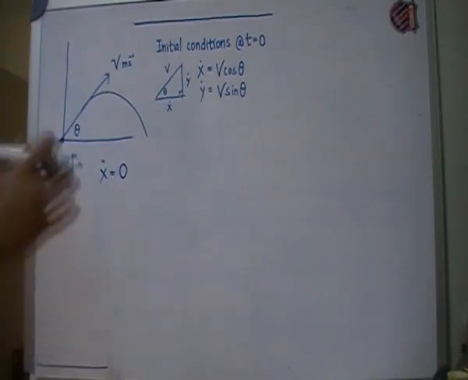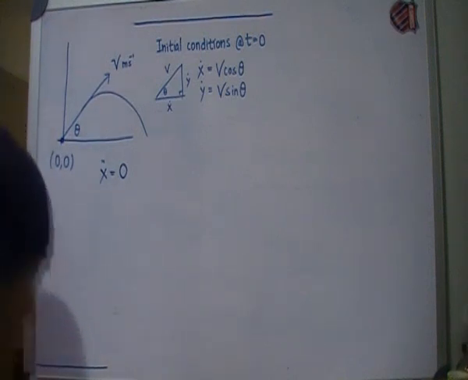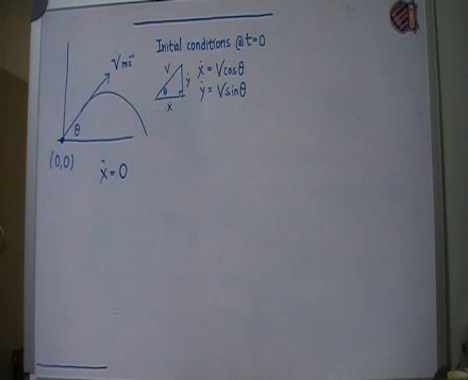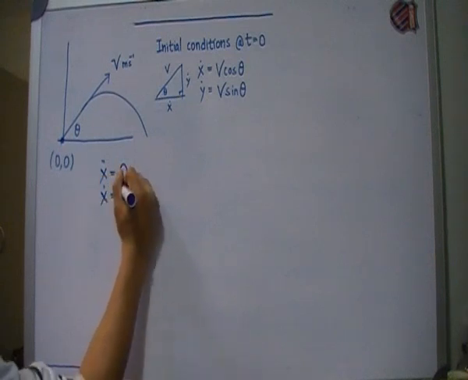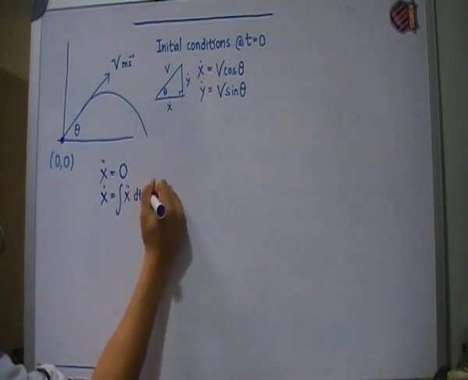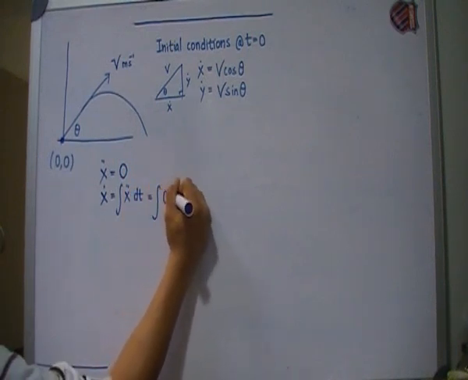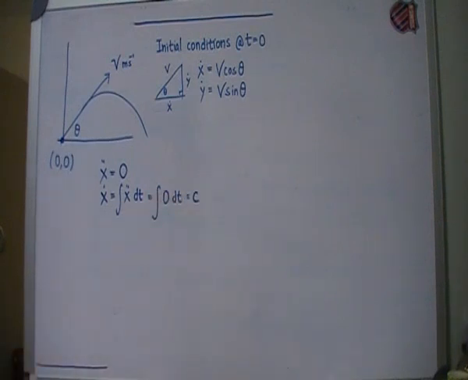From here, using your basic motion knowledge, to get the x velocity you would integrate with respect to t. So x dot equals the integral of x double dot dt, which is the integral of 0 dt, which is equal to c.